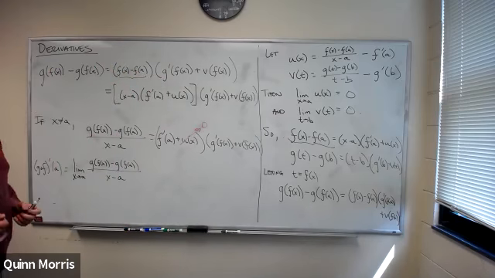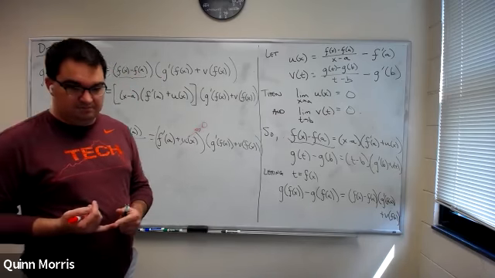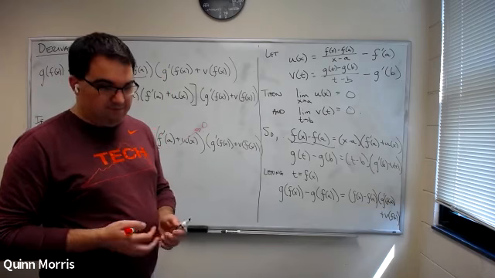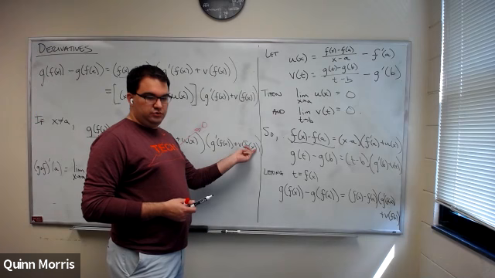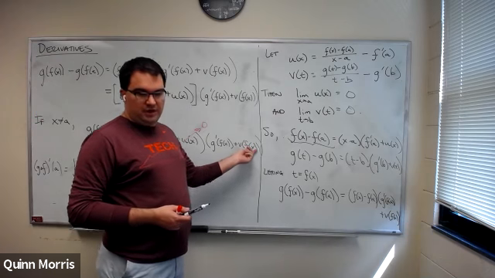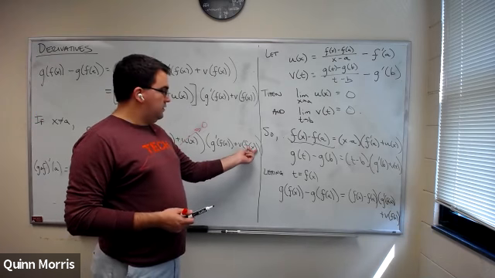Now, how do I know that? Well, my function f was differentiable at a, which means it's continuous at a. And if it's continuous at a, then as x goes to a, f of x will go to f of a, okay?